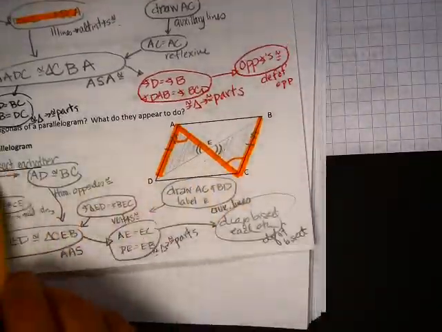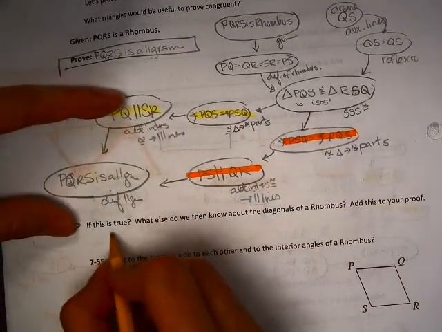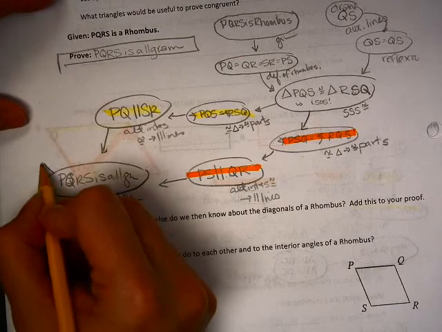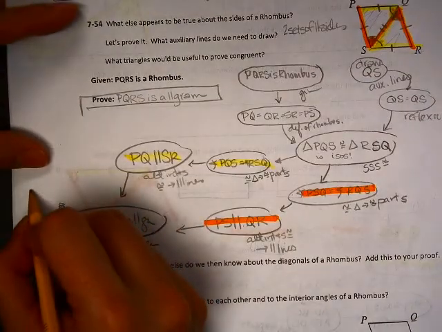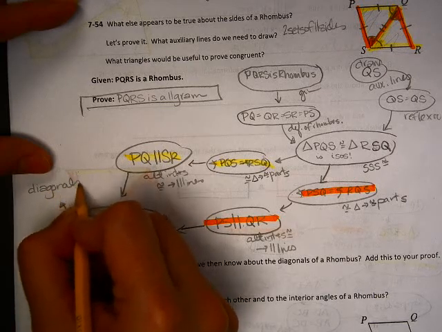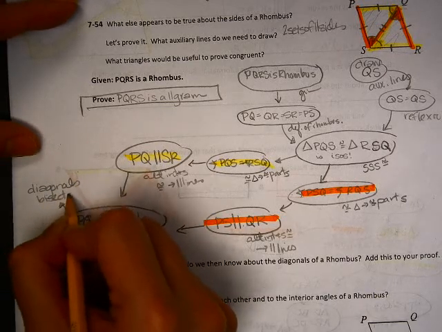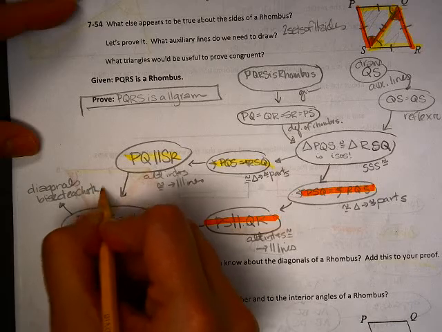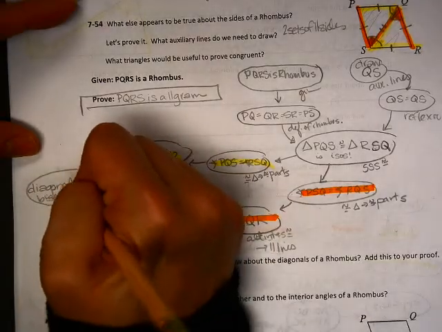Well, yesterday we proved that the diagonals of a parallelogram bisect each other, which means that this time I know that the diagonals bisect each other because I'm using the theorem.